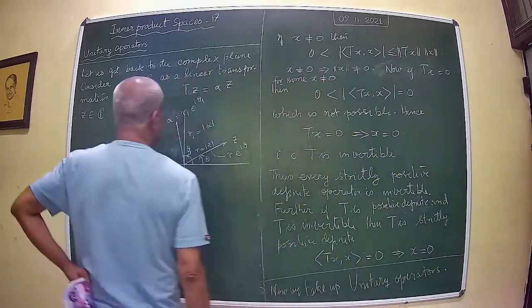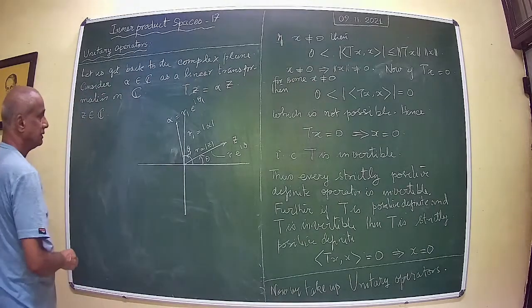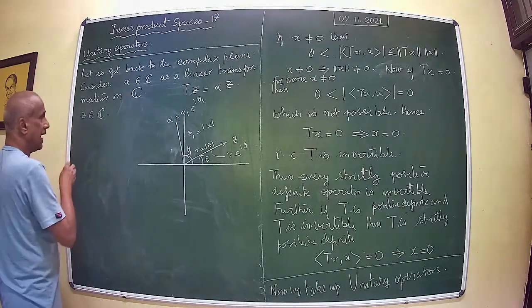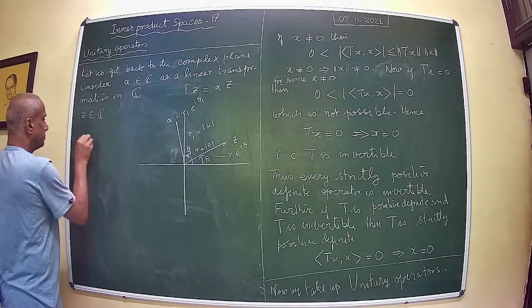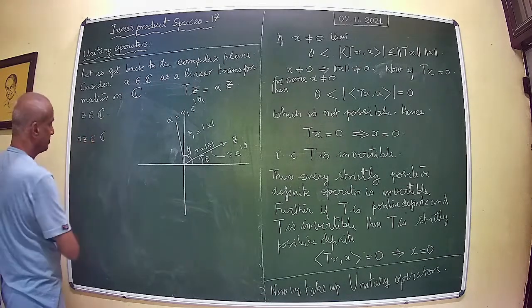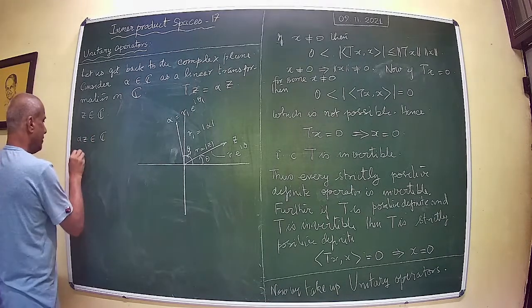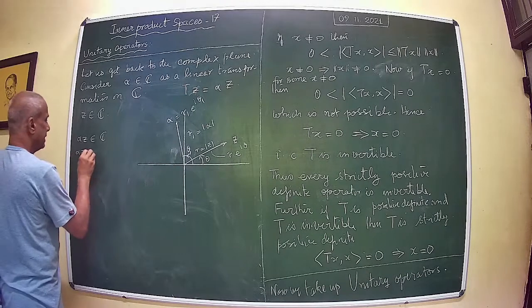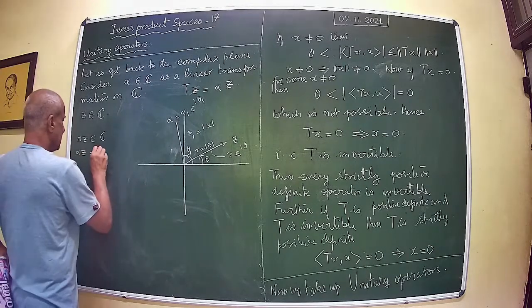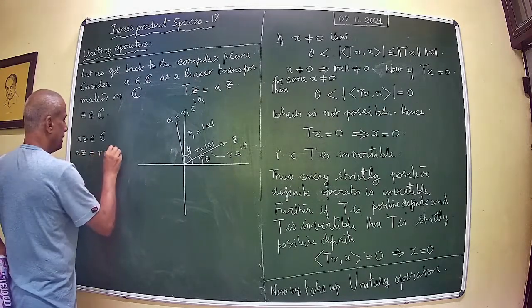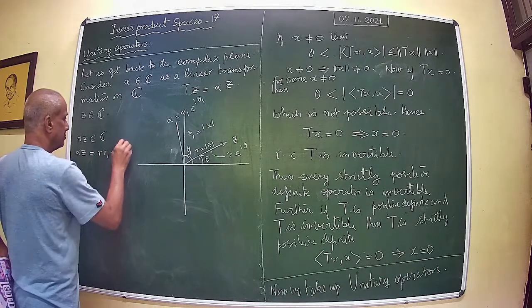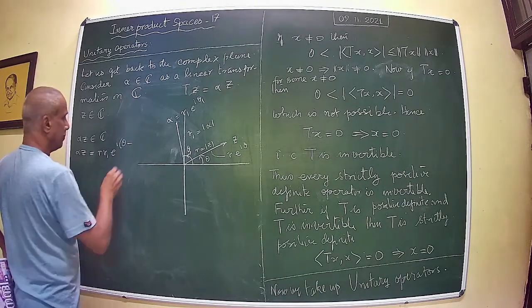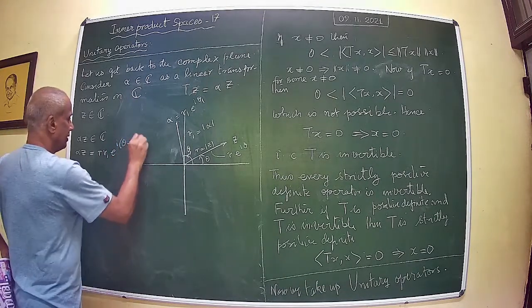So you see that alpha z, which belongs to C, has the representation R1 e to the power i (theta plus theta 1).